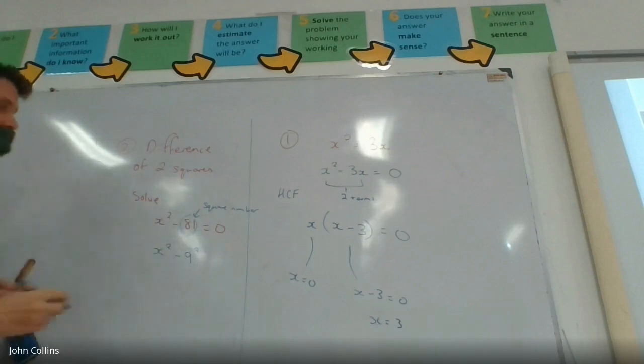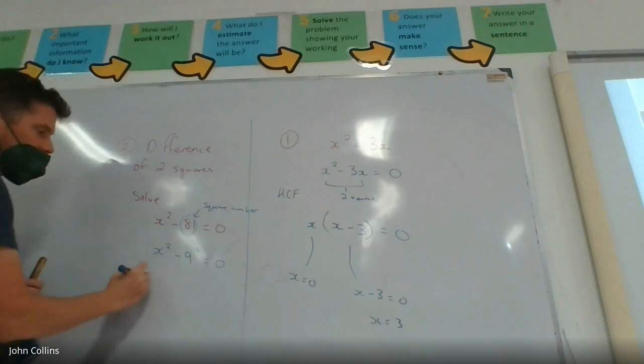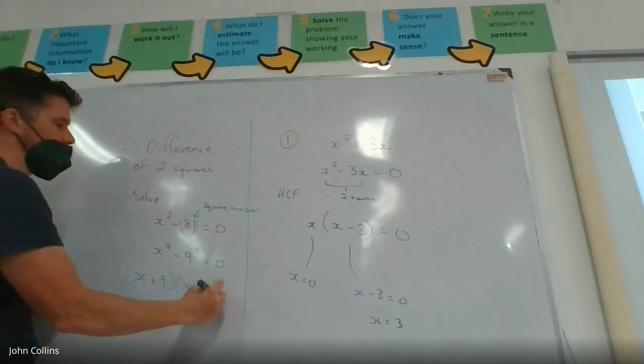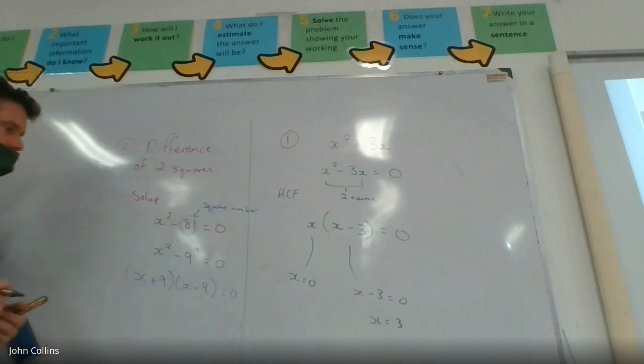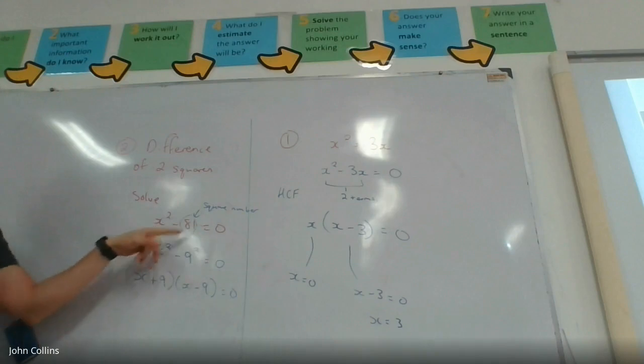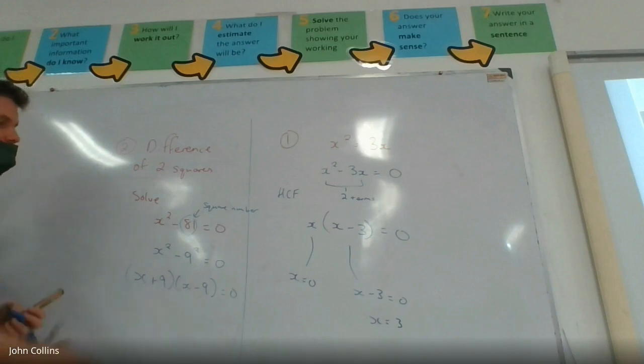It can be factorized into x plus 9, x minus 9. It can also be solved a lot quicker by just adding 81 to both sides, and x squared is 81, so x is the square root of 81. But if I need to factorize it, this is the factors.